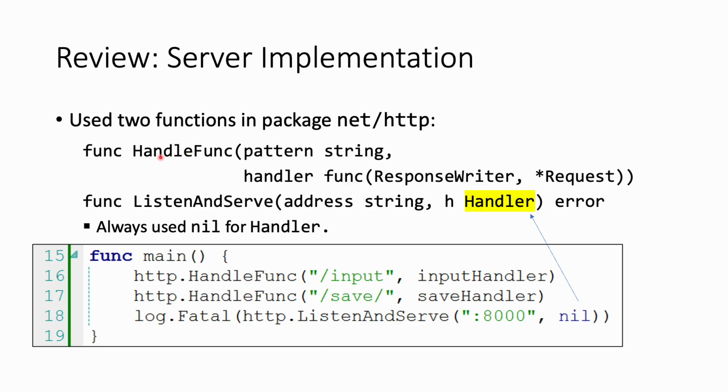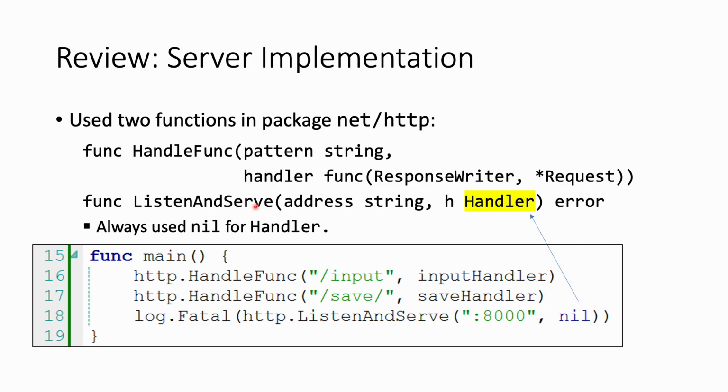The first one is function HandleFunc, which is used to connect incoming URLs matching a given pattern to a handler function that we have to define. The second one is function ListenAndServe, which starts an HTTP server and listens for incoming HTTP requests.